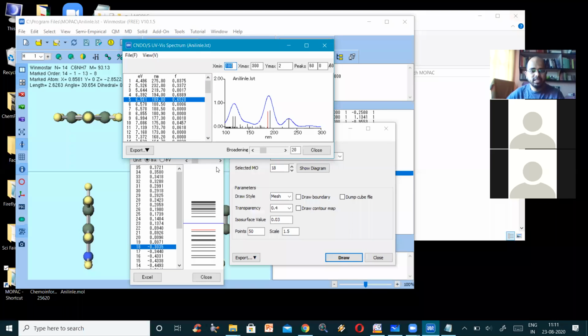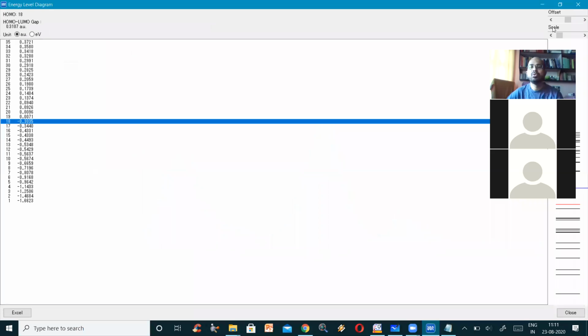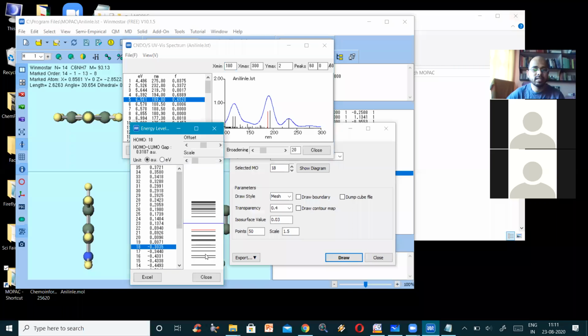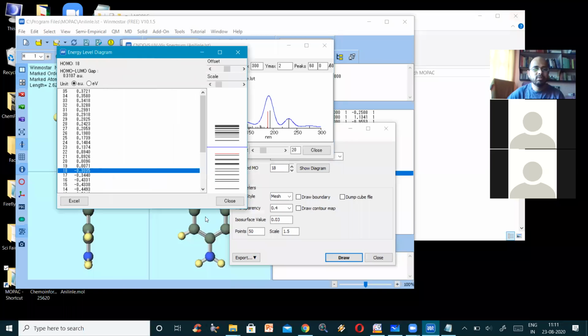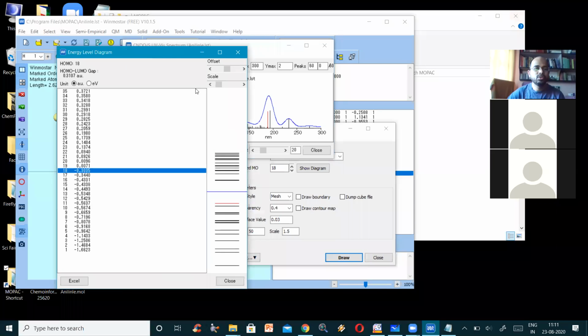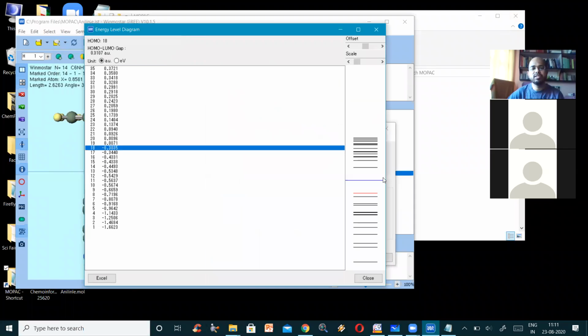I'm just minimizing that. This is the thing I like the most. Energy level, can you see this? I'm just enlarging it. What is this energy level doing? You construct molecular orbitals. In classes, you might have seen molecular orbitals: 2 atomic orbitals giving rise to molecular orbitals.